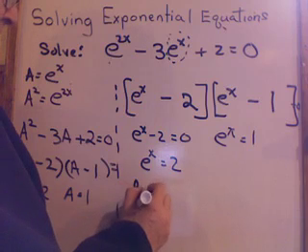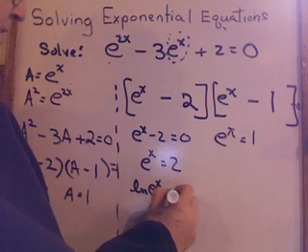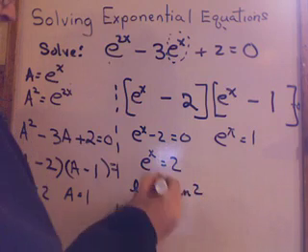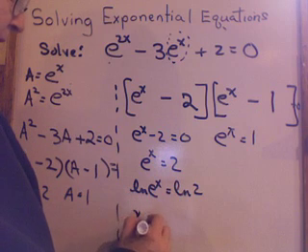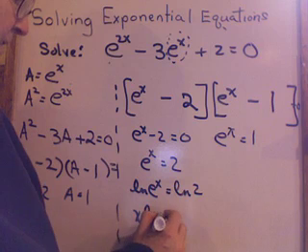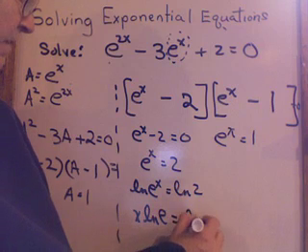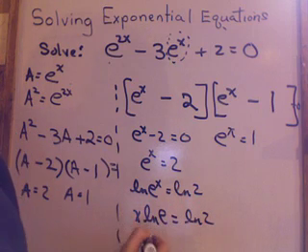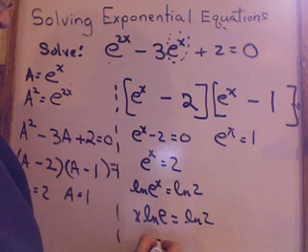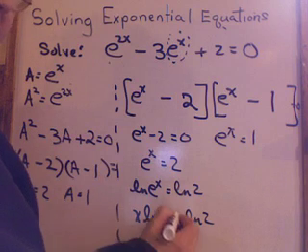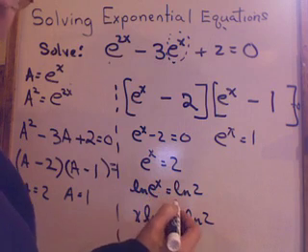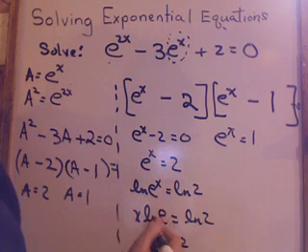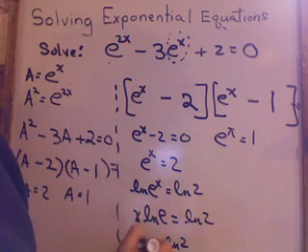So ln e to the x equals ln 2, x ln e equals ln 2. We know ln e is 1. So x equals ln 2, and can I find the value of that? Oh yeah, I can. ln 2 is about 0.693.